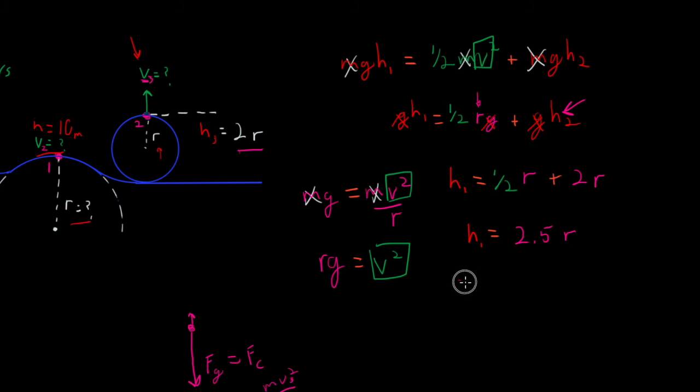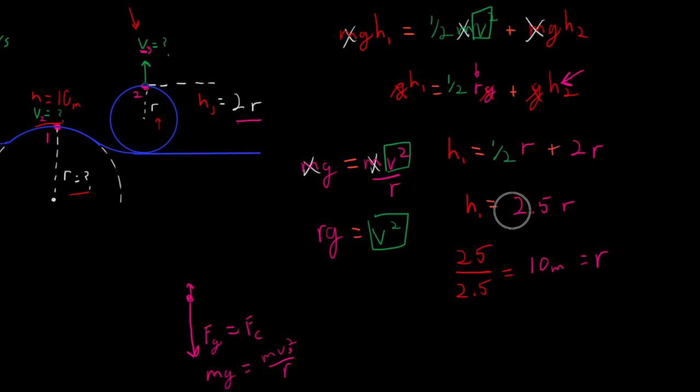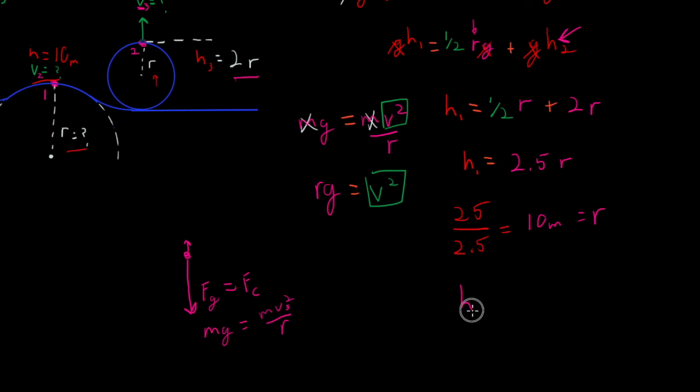My height was 25, so I can divide that by 2.5. That will give me the value of r, which should be 10. So r will equal 10 meters. And now my height was 2 times that r, so I can say my height, my h3, will equal 10 times 2, which is 20 meters.